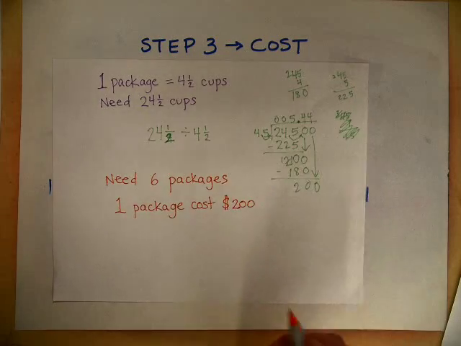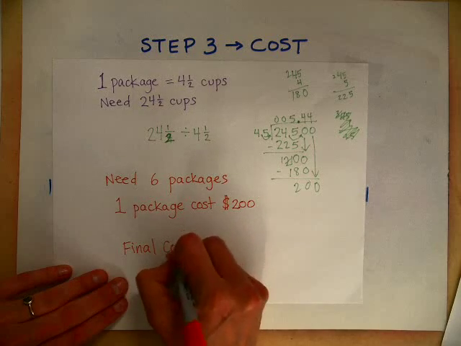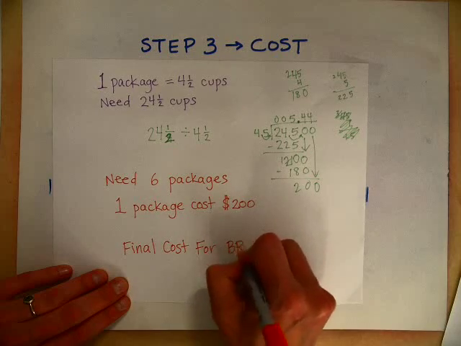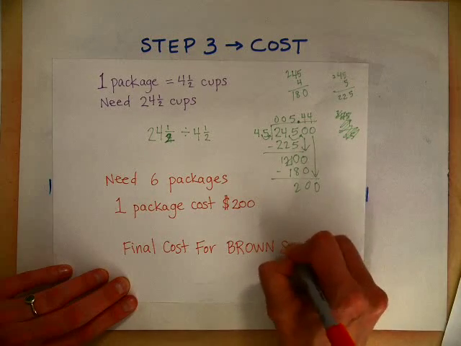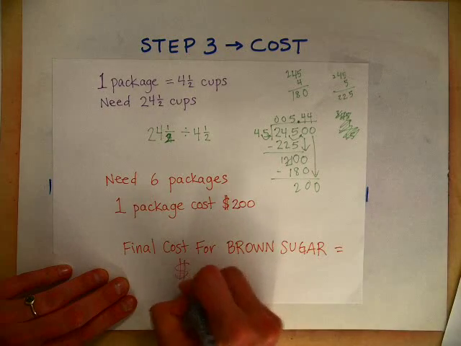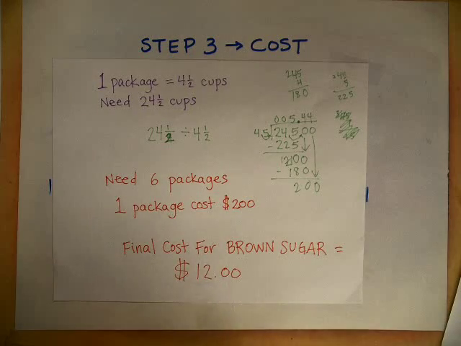And 2 times 6 is 12. So my final cost for brown sugar equals $12. I don't think I've ever spent that much money on brown sugar. That is a lot of brown sugar.